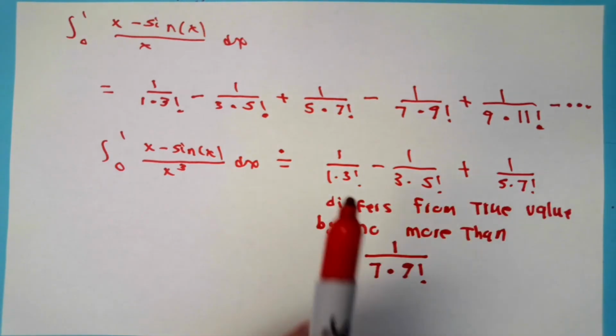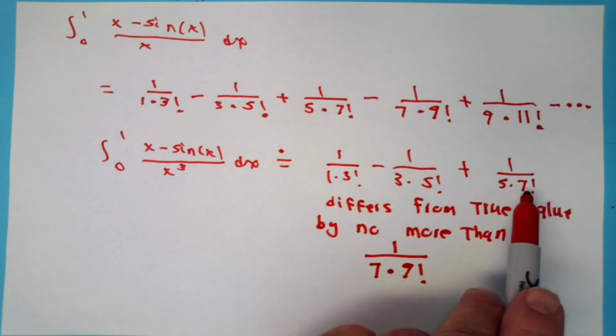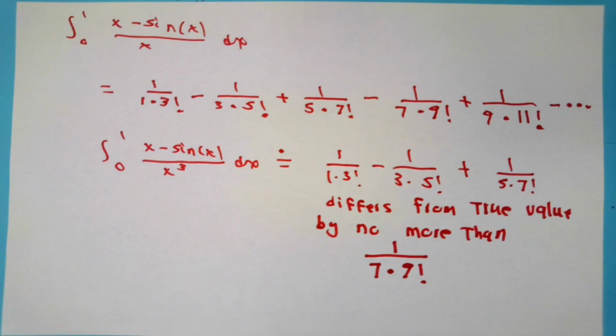So if I calculate this minus that plus that, whatever number I get differs from the true value of the integral by no more than 1 over 7 multiplied by 9 factorial.